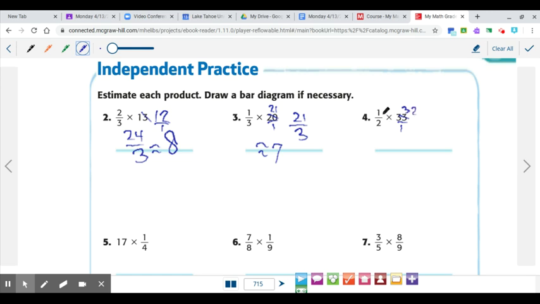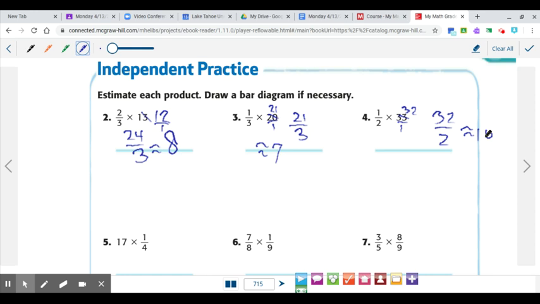Okay, so 1 times 32 is 32. And 2 times 1 is 2. And that's going to give me about 32 divided by 2 is about 16.